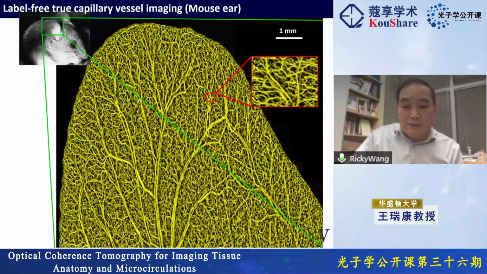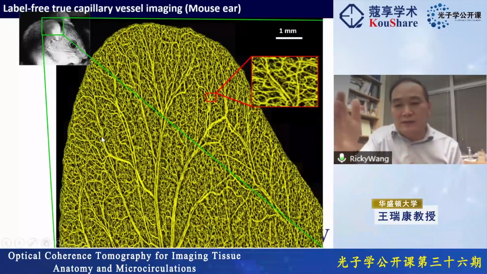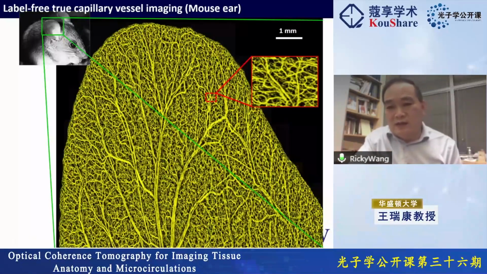So using this mouse ear, you can use it as a disease model. For example, you can cut the tissue in the mouse ear and then watch how this injury is going to heal over time, right?